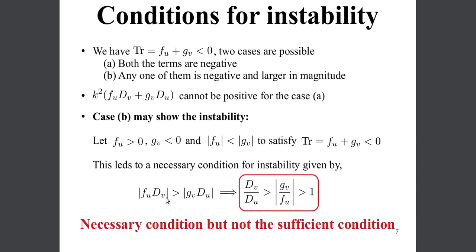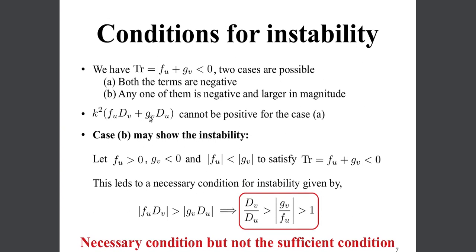So the magnitude of fu dv must be greater than gv du, and this leads to dv divided by du greater than the magnitude of gv by fu, which is obviously greater than 1. So this is the necessary condition but not the sufficient condition, because it ensures that this term will be positive, but it is not ensuring that it is dominating over the other two terms in the expression of delta D.